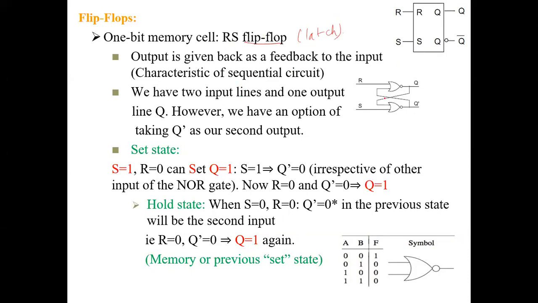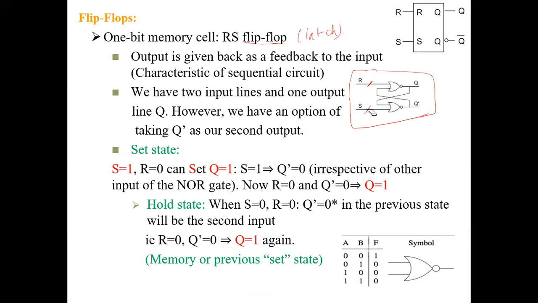In this case also, the RS flip-flop looks like this. Here you have inputs now: one input R, the other input S. The next input here is the output of the other one. See, it goes from here to there. That output becomes input, and this output becomes the input for the lower gate.